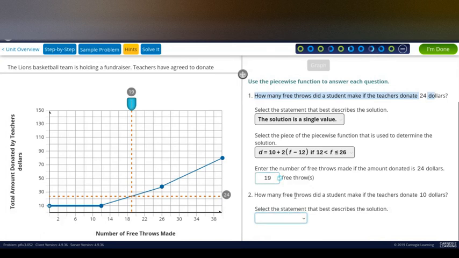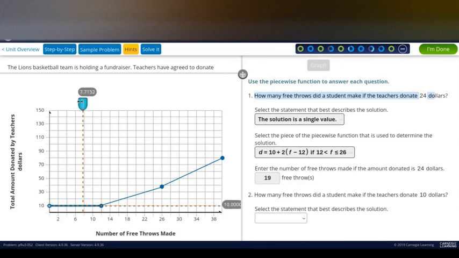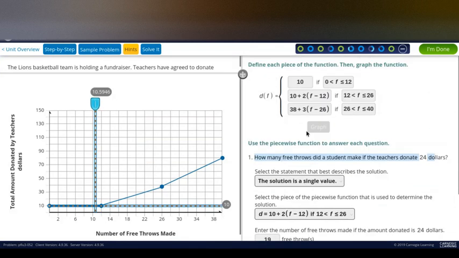All right. How many free throws did a student make if the teachers donate $10? Well, let's see. If the teachers donate $10, look at that. This entire range is going to be earning $10. And if we look at our original piece, anything below 12 free throws is just going to earn the students $10.